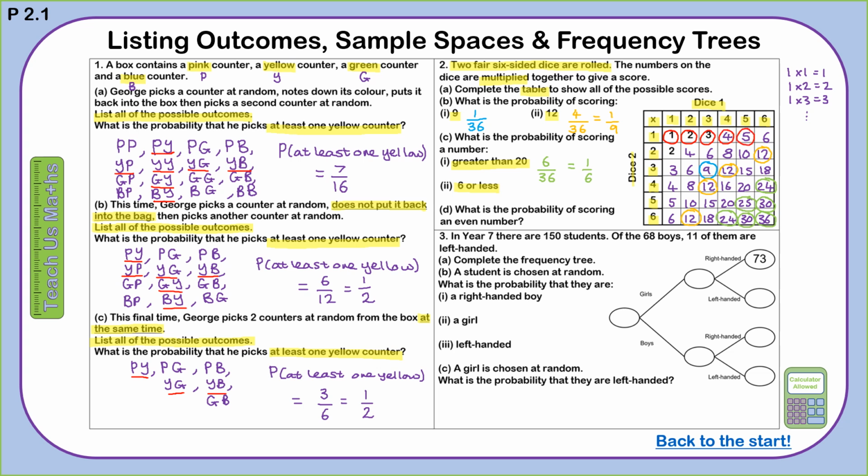And then we've got 3 on the next row, 2 on the next row, and then 1 on each of the remaining rows. So that's 14. So the probability of scoring a number that is 6 or less is 14 out of 36, which simplifies to 7 out of 18.